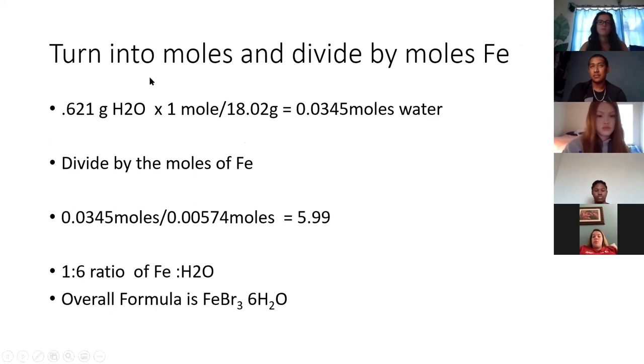So I've got to find my moles of water. My water weighs 0.621. I divide that by the molecular weight of water and end up with the moles of water. Now I'm going to divide by my moles of iron. I end up with 5.99, almost 6. So there is a 1-to-6 ratio between iron and water.